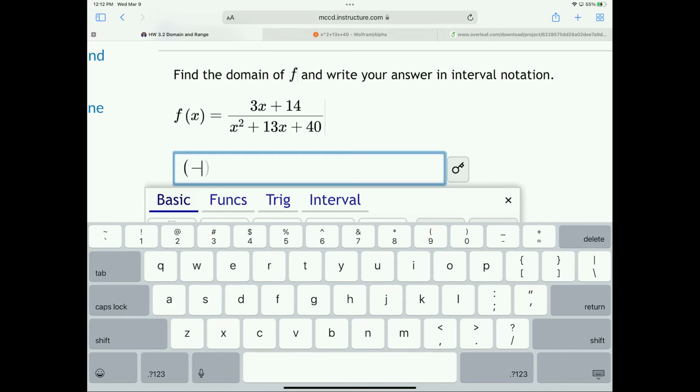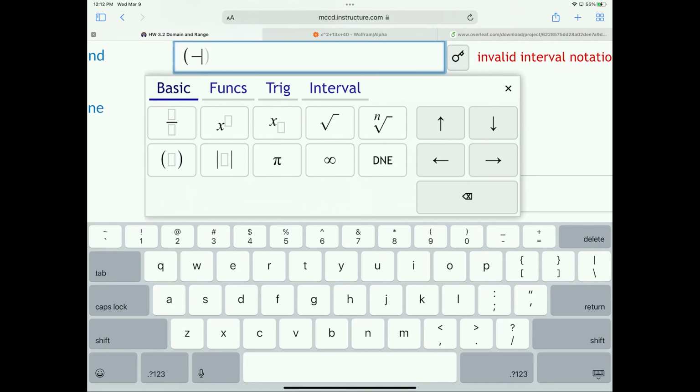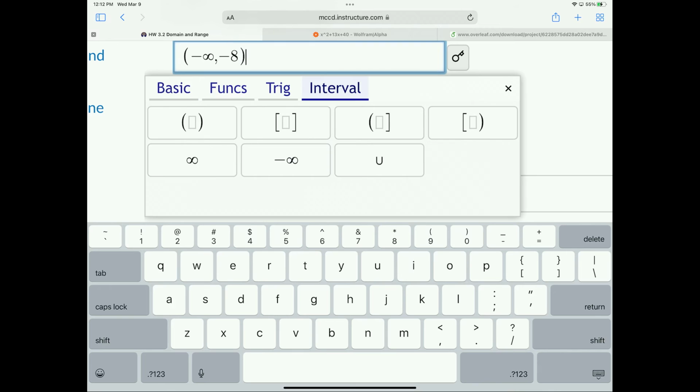So that is negative infinity up to -8, close the parentheses. We need the union symbol, so I have to click on interval, union symbol. -8 to -5.